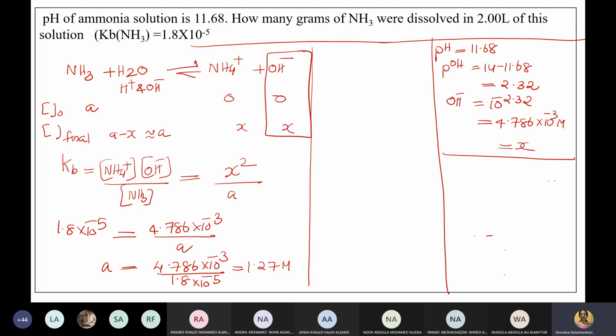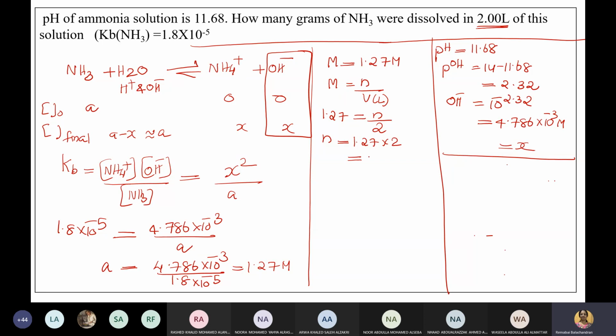Yes. So what's the formula? Now you know the molarity. Molarity is 1.27. You know the formula of molarity: n over volume in liters. So 1.27 is equal to n over volume in liters, which is 2 liters, right? Can you see 2 liters? So n is equal to 1.27 times 2, correct?